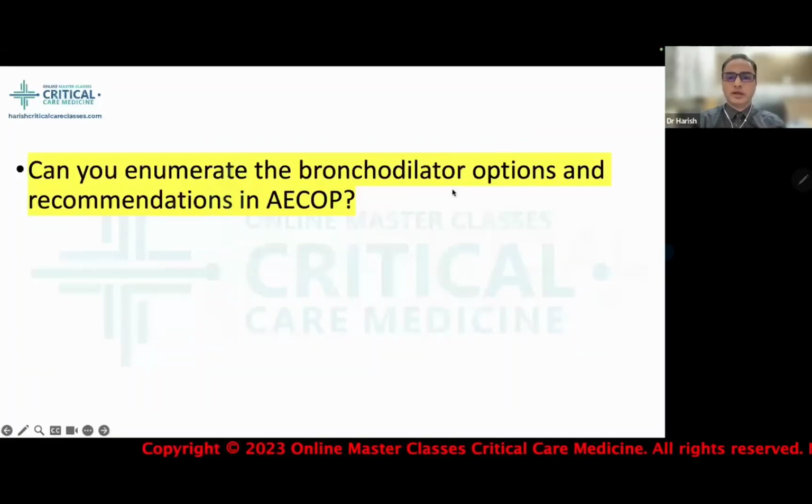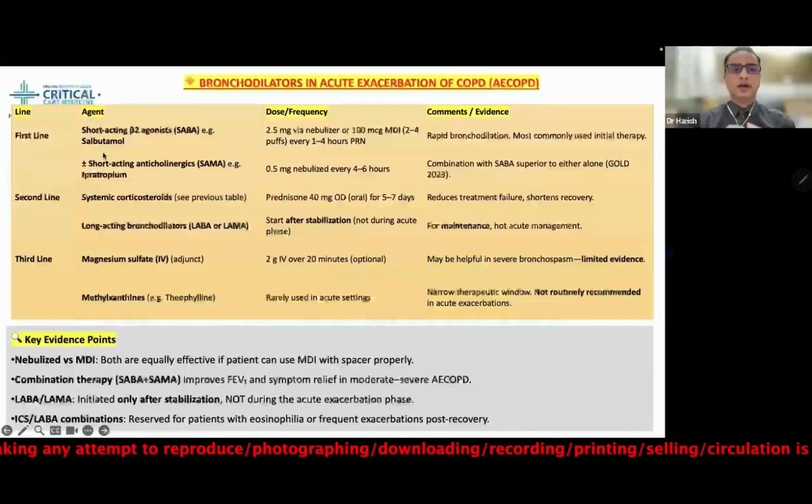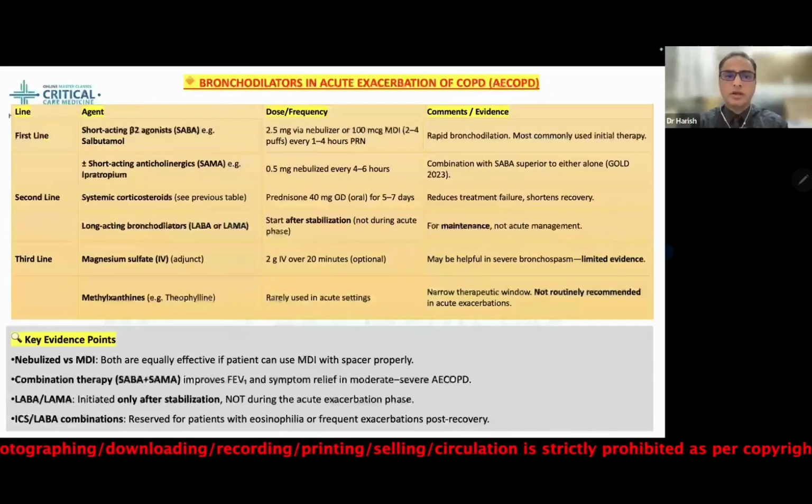So can you enumerate the bronchodilator options and recommendation in acute exacerbation of COPD? Basically what agent to be used, which is the first line of therapy, what are their limitations. First line is always short acting beta 2 agonist, like salbutamol.